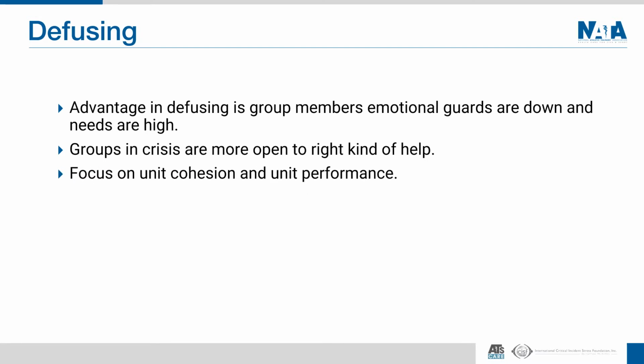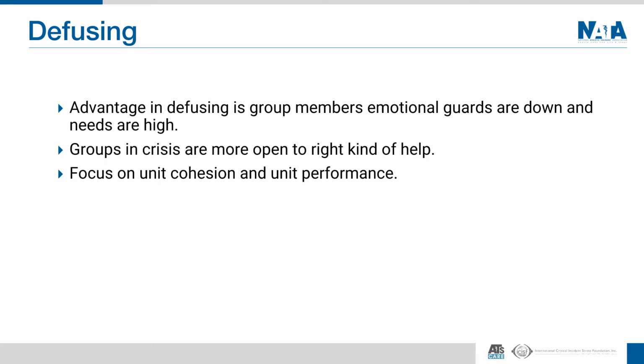Right? We want to focus on unit cohesion and unit performance. A lot of this theory was developed around dealing with the military or dealing with police and fire and EMS, but there are some strong parallels about the group cohesion and performance of the unit when we look at athletic training staffs or athletic training staffs that are using the assistance of athletic training students while they're learning.